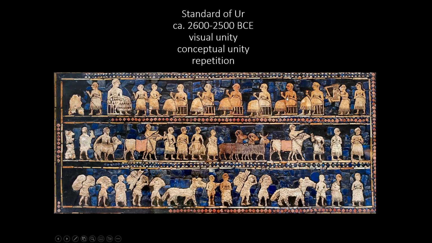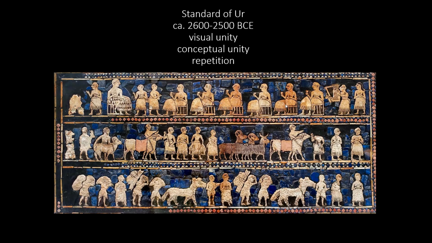They're sitting in the same way. They position their bodies in the same way. They're all holding a cup. They're all the same color. They're all relatively the same size. There's some really clear unity that's going on right here.